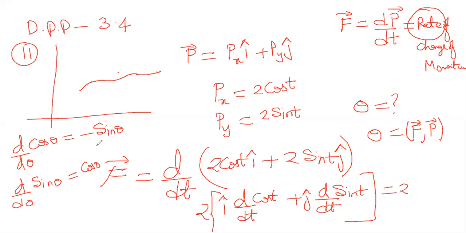Sin differential is cos, but cos differential is not sin, it is minus sin. Is this understood till here? Yes, sir. So I can go ahead.